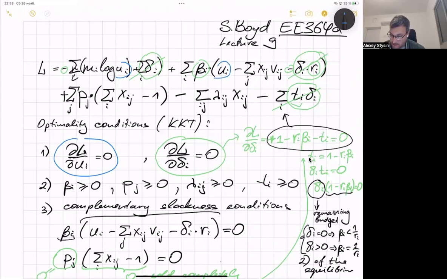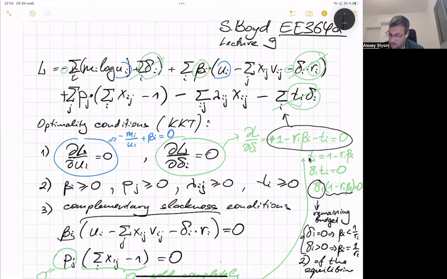So it follows that this is going to be minus mi over ui plus beta i equals 0.